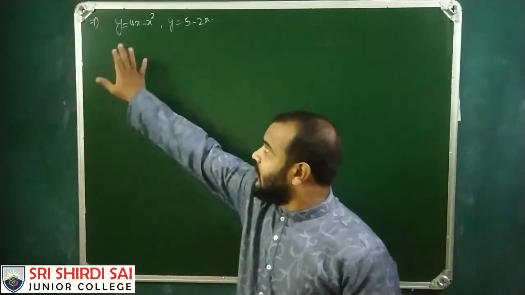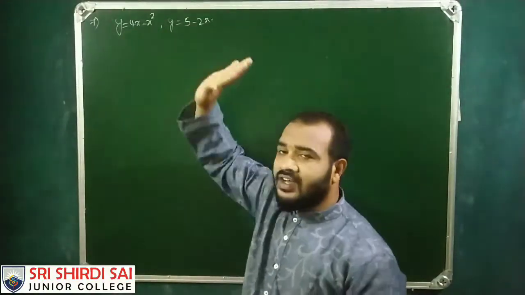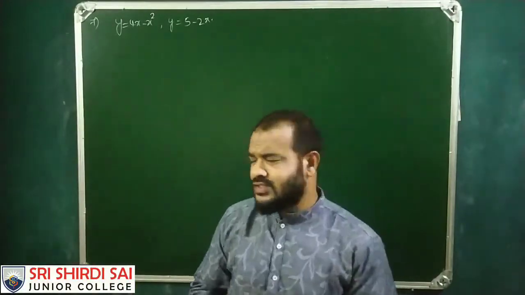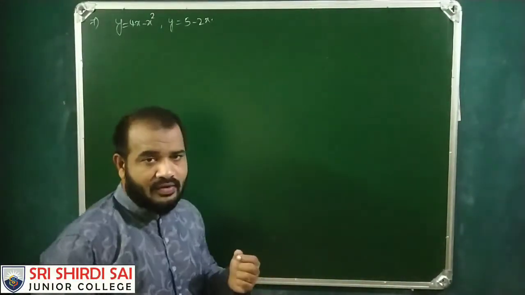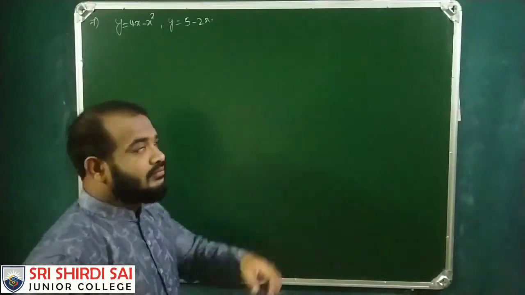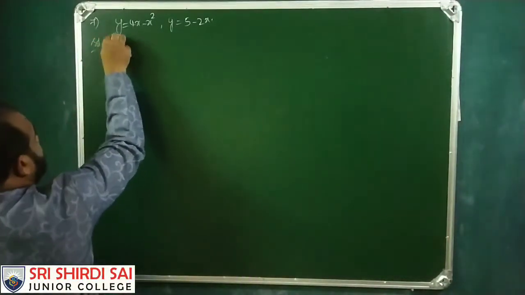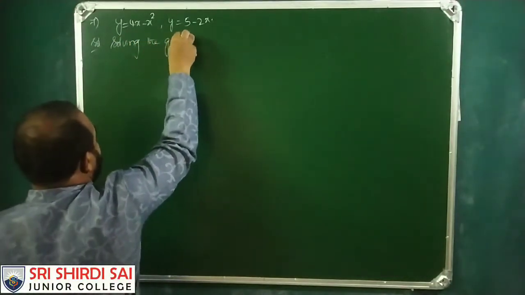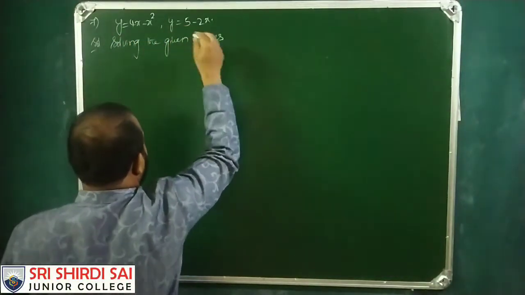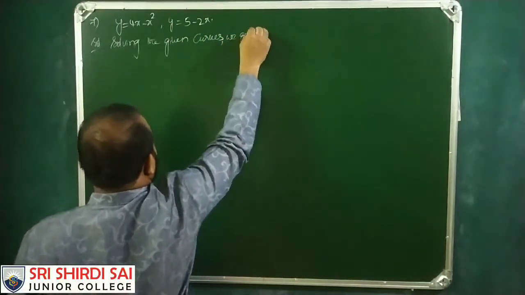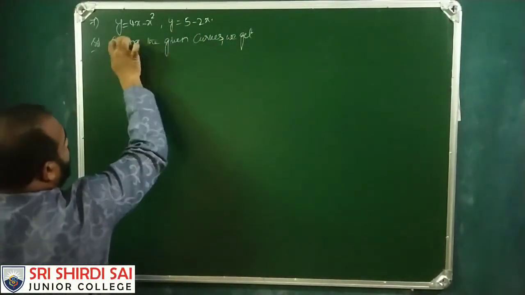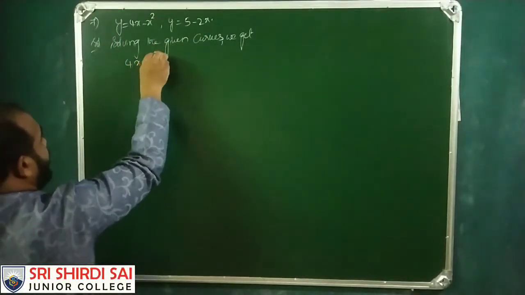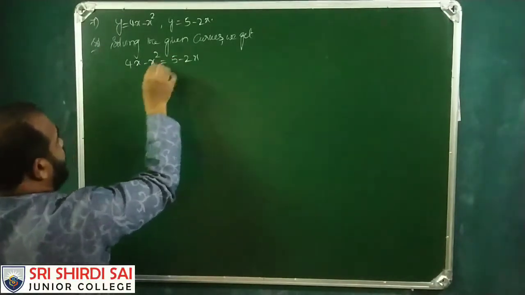Therefore, these are intersecting curves is what we understand, for which we need to solve them. First of all, the first prime duty of ours is to solve them. Solving the given curves, we get, since both are y, so equate both of them. 4x minus x square equals 5 minus 2x.